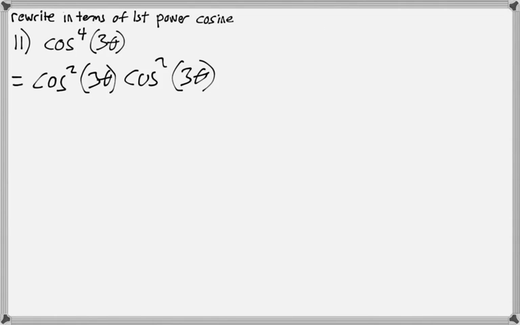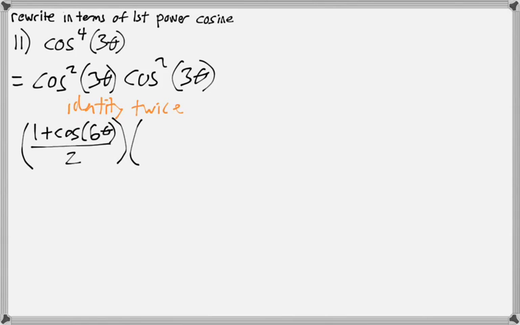So then I'm doing that because I want to do the identity twice. So let's use the identity twice. So that's going to be 1 plus cosine of 6 theta over 2 times 1 plus cosine of 6 theta over 2.